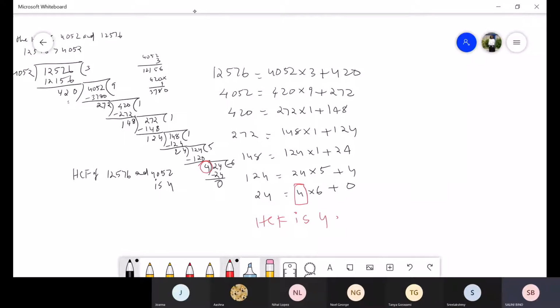You write like this: HCF of 12,576 and 4052 is 4. So we use Euclid's division algorithm to find the HCF of very large numbers.